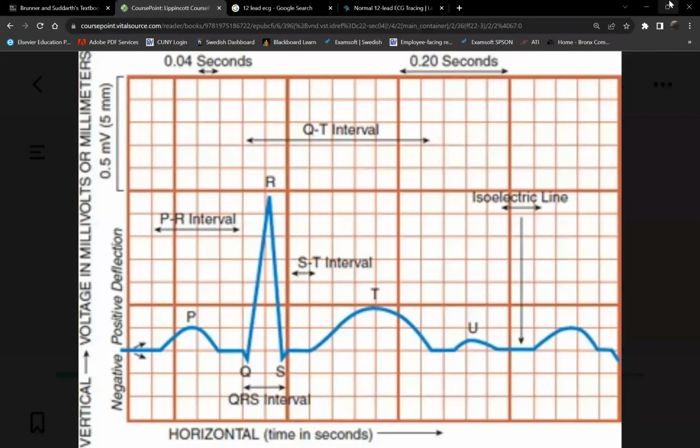0.12 to 0.2 seconds. So that is a delay. This is what we mean by the AV node performs a very crucial function. It is a gatekeeper. It knows that if I transmit this, what will happen to the timing of the contraction? Will there be a delay between atrial and ventricular contraction if it did not delay the transmission? No, the atria and the ventricles will end up contracting at exactly the same time.